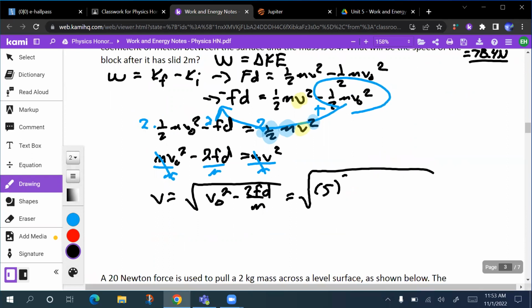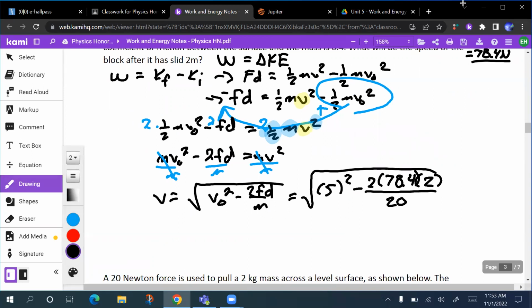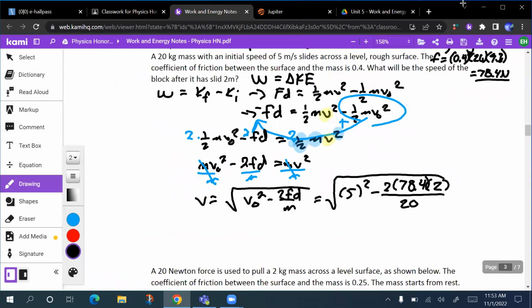So we're going to go 5 squared minus 2 times 78.4 times 2 meters divided by a mass of, I think it was 20. Yes.